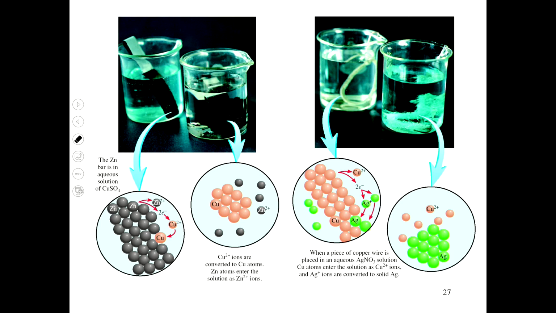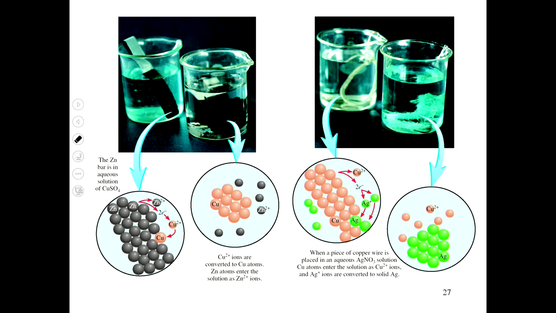So this means at first it is like this. This is the zinc bar. So this is zinc atoms, and the zinc in copper solution. Zinc bar of course is 0. The charge of the zinc bar is 0.